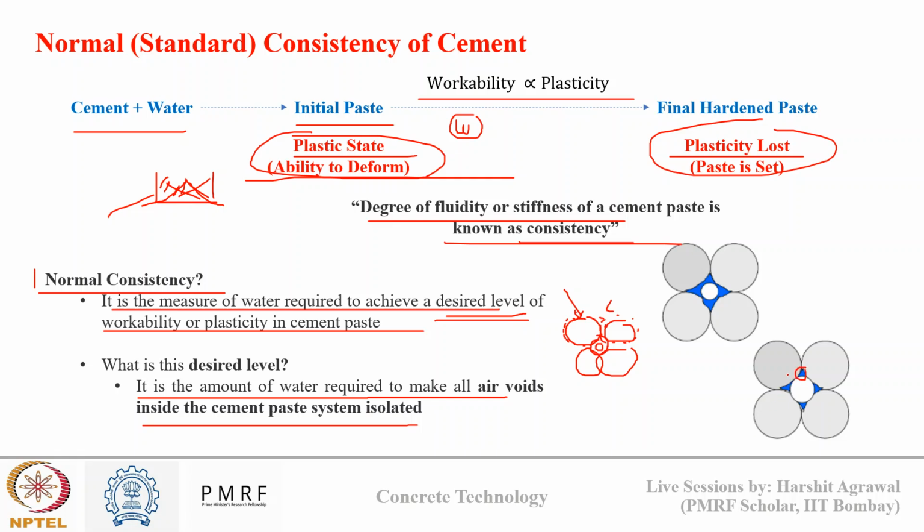This pore right now is connecting all four cement grains. As I add more water, slowly this pore will get isolated from all the cement grains, and it will look like this. Now this pore, the air void, is not connected to any of the cement grains. The amount of water at which this occurs for the first time is the desired level of water that is needed, and the amount of water to achieve this state is known as the normal consistency of my cement.